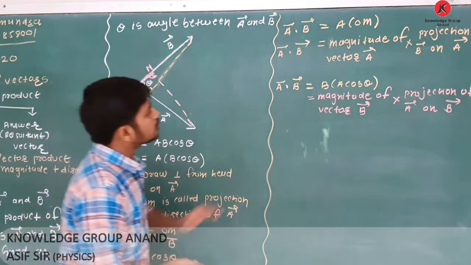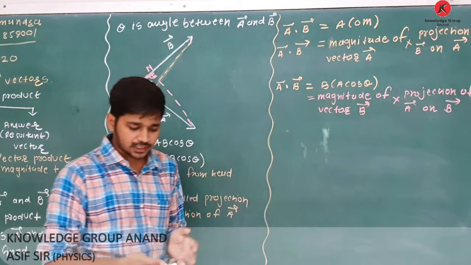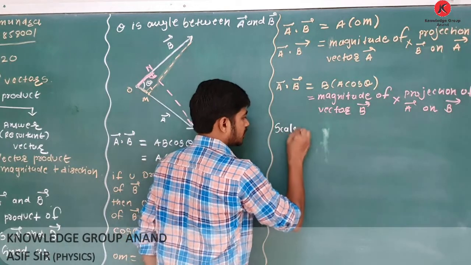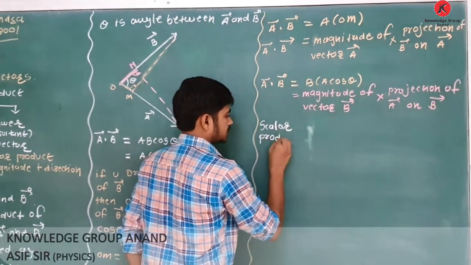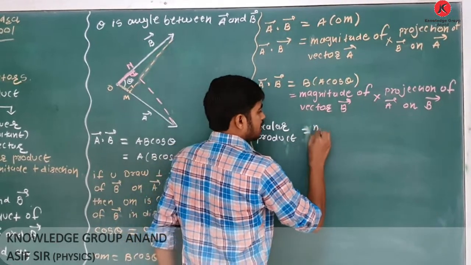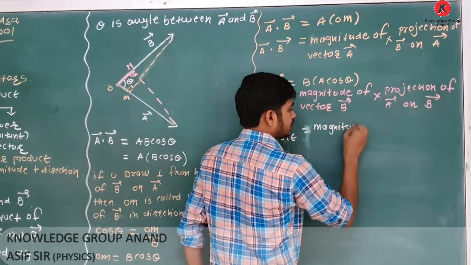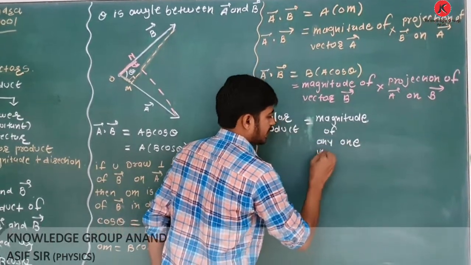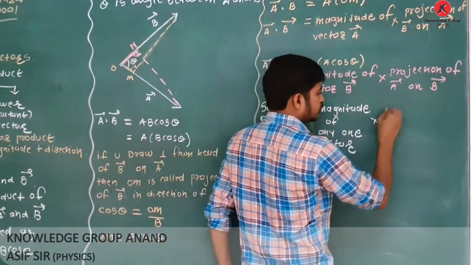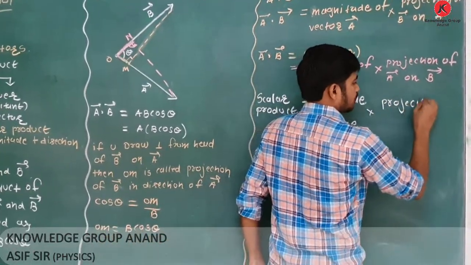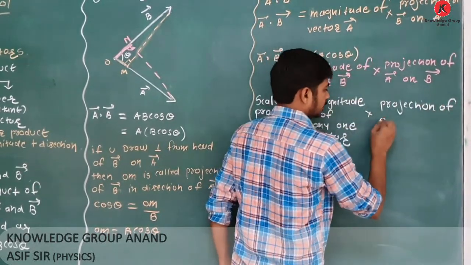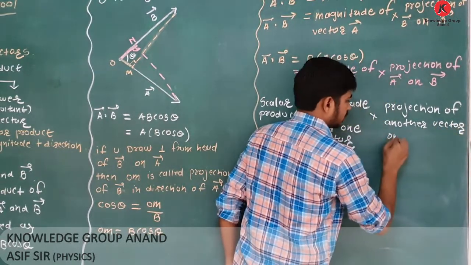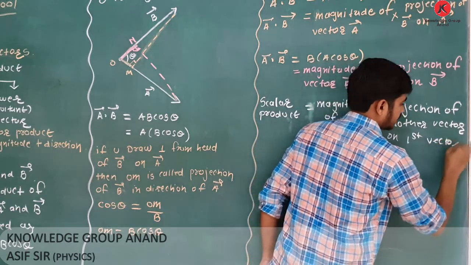Okay. So from these two definitions, if we want to write the general definition, then what is it? Scalar product is equal to the magnitude of any one vector into the projection of the other vector on the first vector. Clear about this?